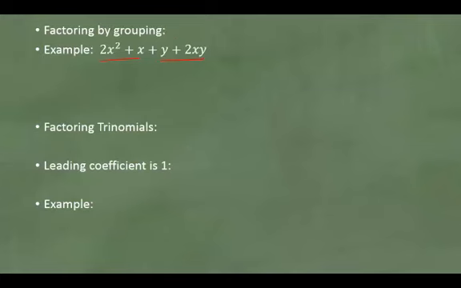Let's see if it helps to factor by grouping. So we're going to take the first two terms and take out an x, because they have an x in common, at least an x in common. If I take out an x from 2x squared, I'm left with 2x. Plus, if I divide this x by x, I'm left with 1. Same thing for the next two terms. They have a y in common.